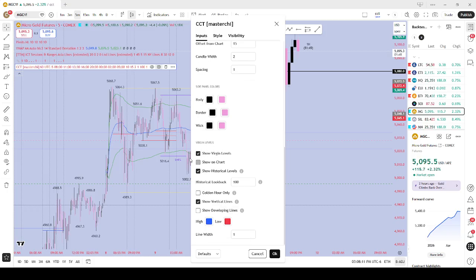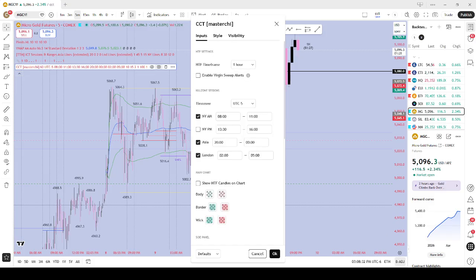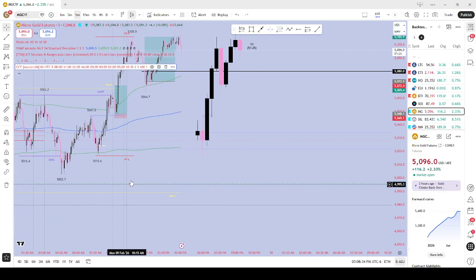It's showing chart so you can see the red lines and blue lines. Historical levels, I'm not sure about that. Okay, yeah, the history of the previous ones. I don't really do the golden hour. I'm not sure about that. I just leave this one. I was gonna take it off, but it's up to you how you want to do it. But that's how I use it. These are my settings for this, and then now I'm gonna show you how I see it.